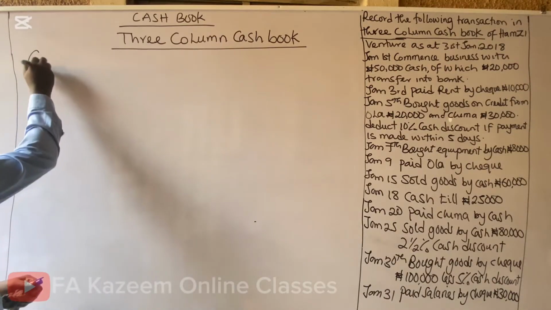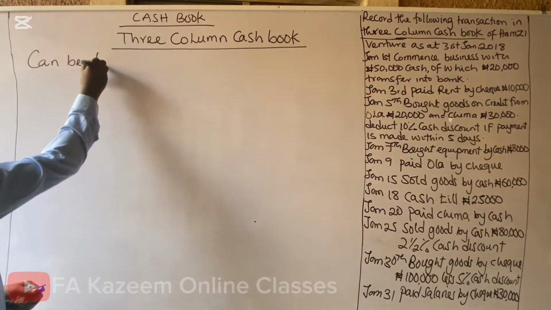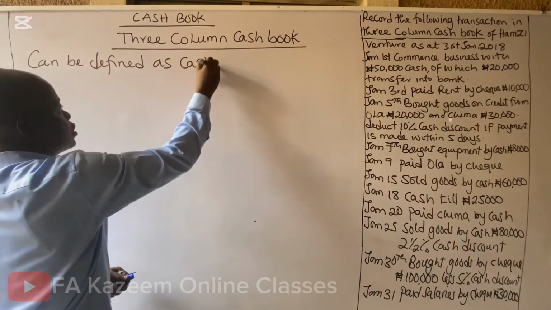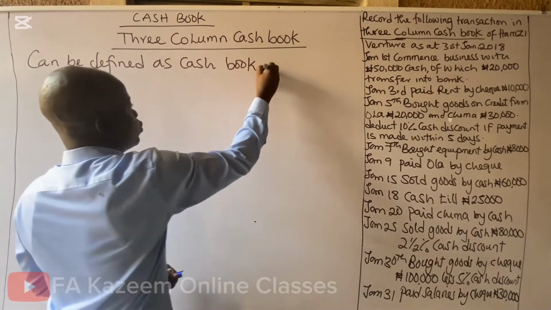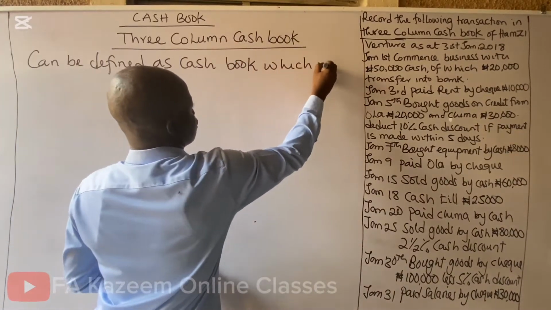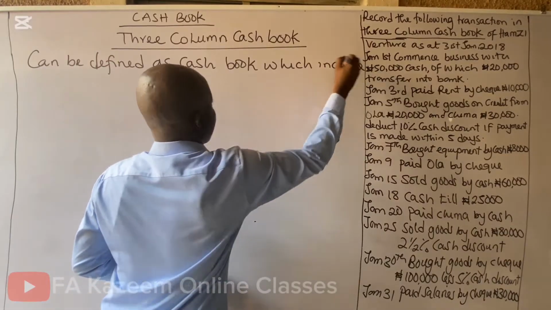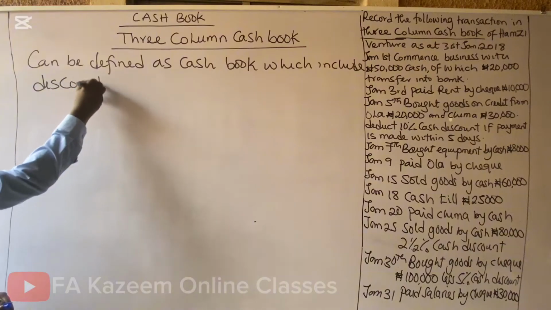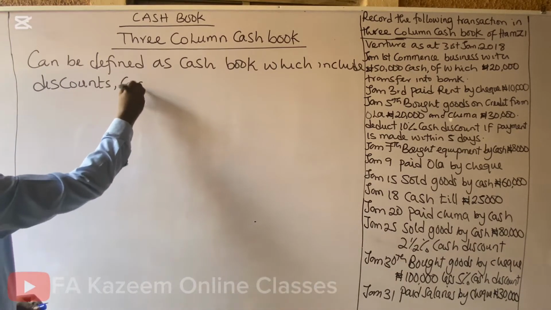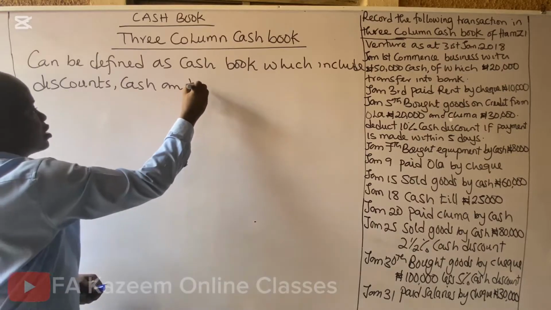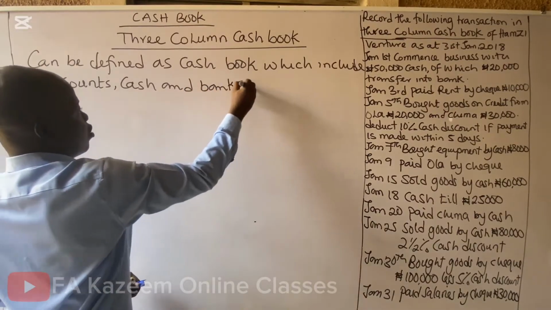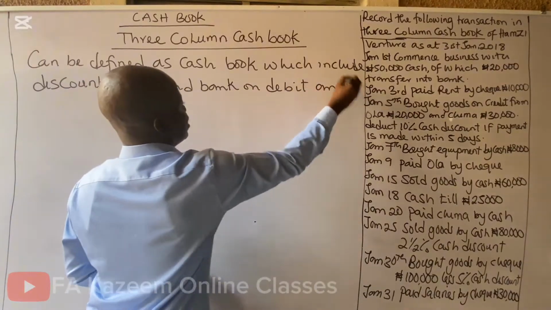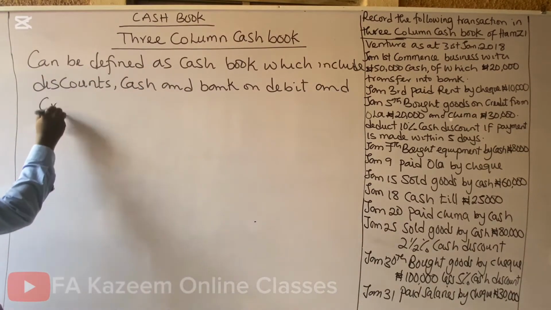Three-column cash book can be defined as cash book which includes discount, cash, and bank on the debit and credit side.